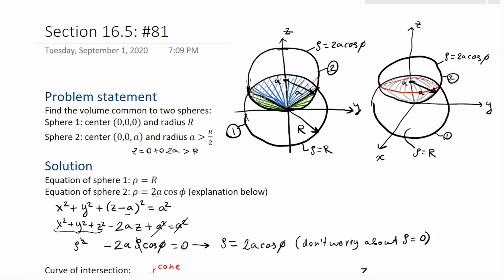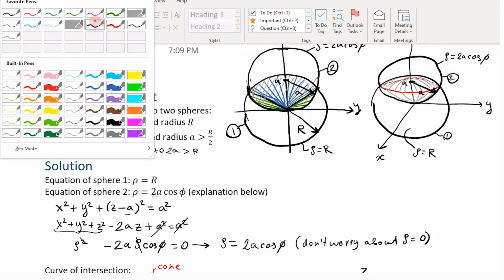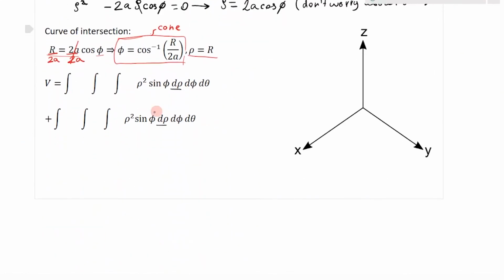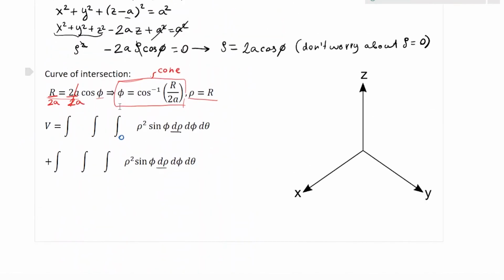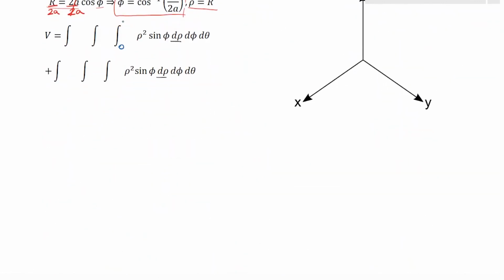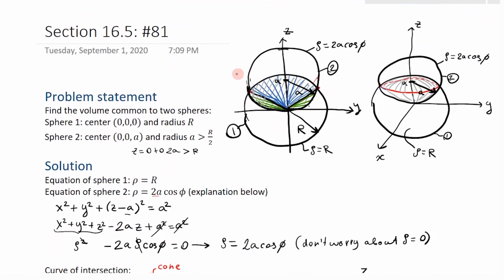Let me start with the blue region. The blue region will have the bounds on rho going from 0 to r. The bounds on phi are going to be from 0 up to this phi.